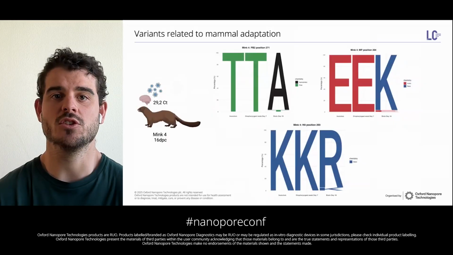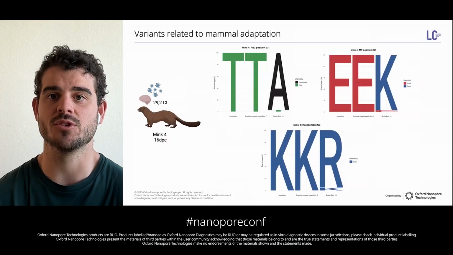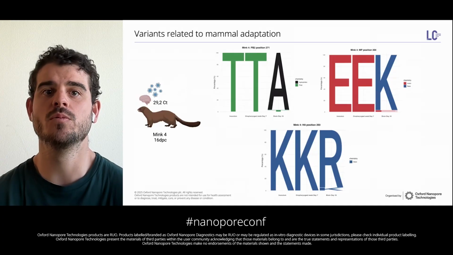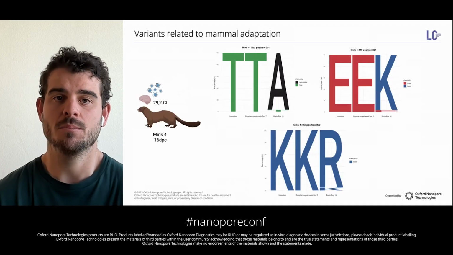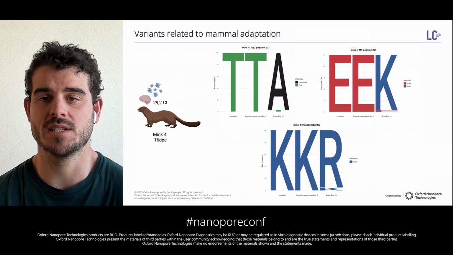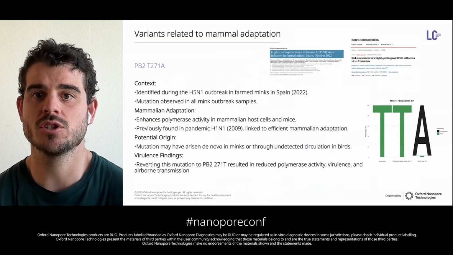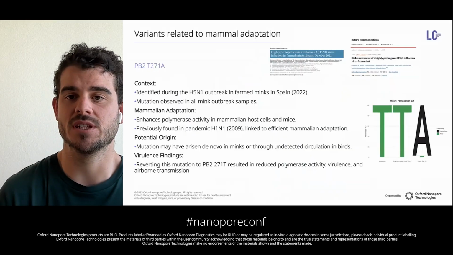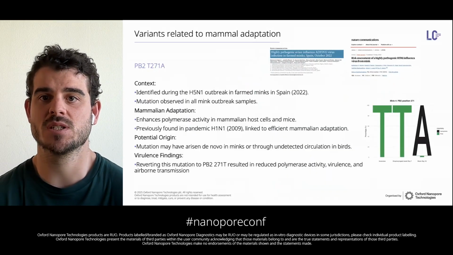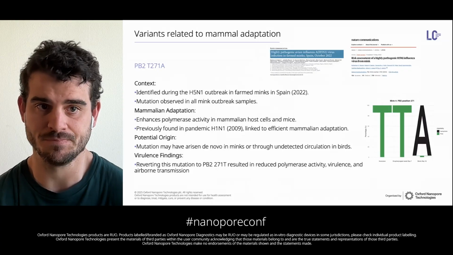It was interesting in the mink 4 to observe that there were a few spontaneous mutations occurring that could be related to mammal adaptation. But specifically, we focus attention on one, in the polymerase basic 2 at position 271, because it's a well-known mammal adaptation variant that indeed was present in all the minks in an outbreak in a farmed mink in Spain.